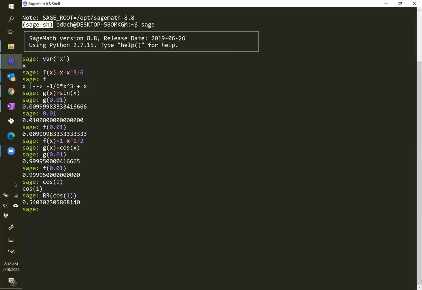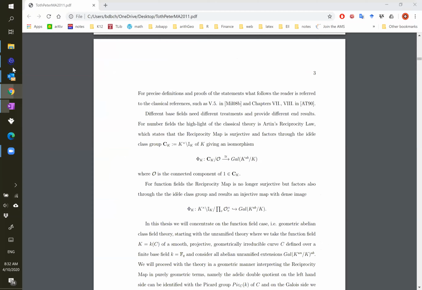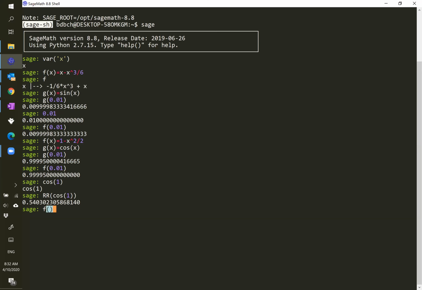0.5403 is cosine 1. Now, how do we compute it by algebra? Well, you see the right side is a polynomial. If you assume a polynomial f(x) is 1 minus x squared divided by 2 plus x to the power 4 divided by 24, you may think of this f as an approximation of cosine.